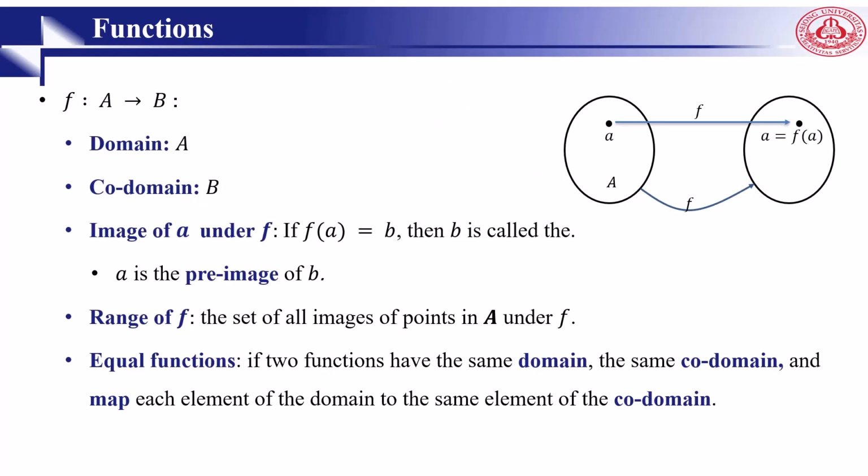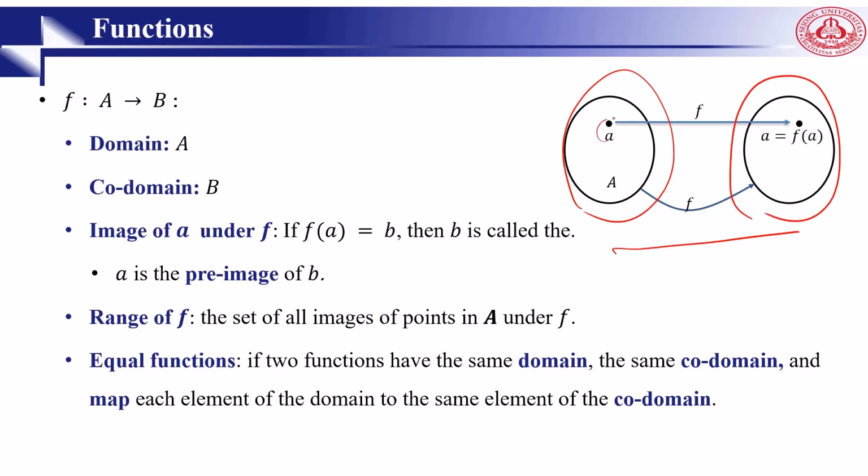Let's review some definitions for functions. Look at the figure here. This figure is a function which maps from set A to set B. For example, one element of A is mapped to f(a) here.